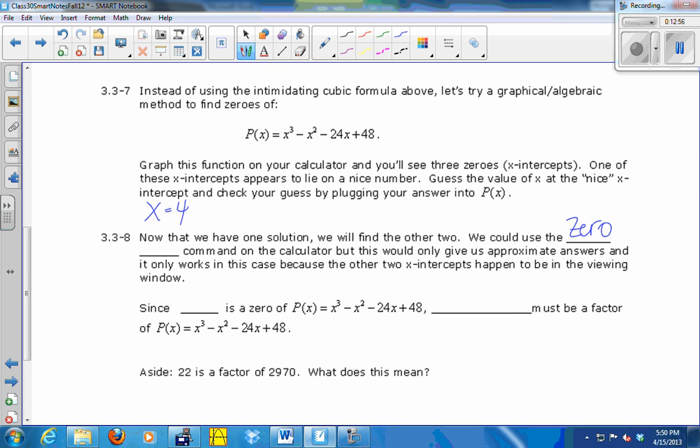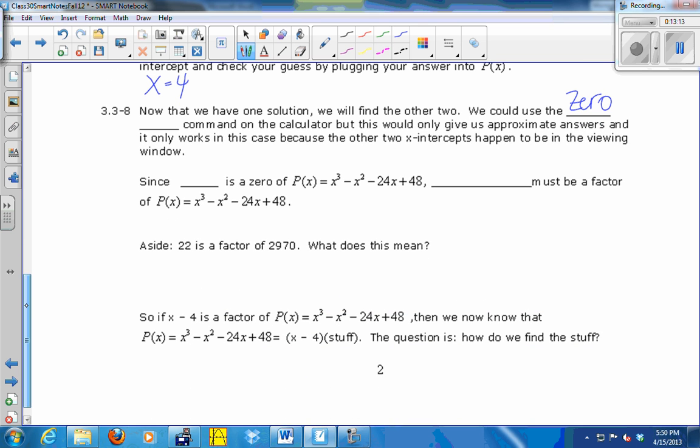And it would only work in this case because the other two x-intercepts happen to be in the viewing window. If they didn't show up in there, I wouldn't even know that they existed.